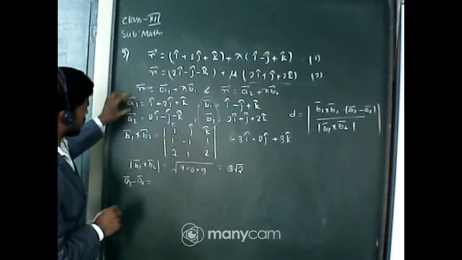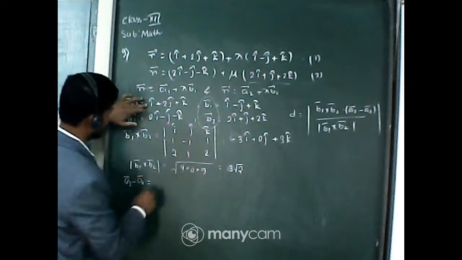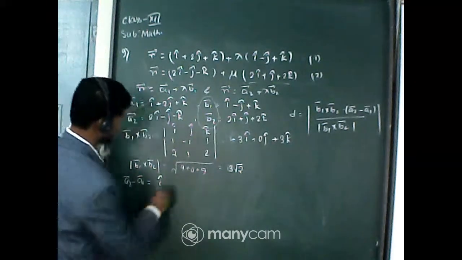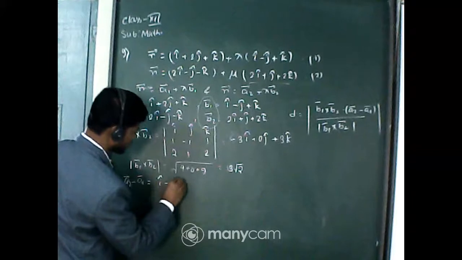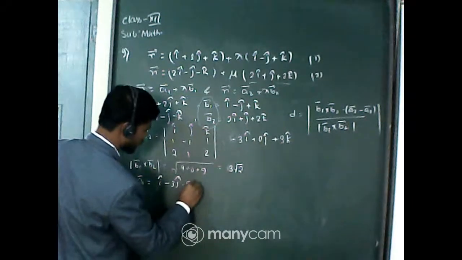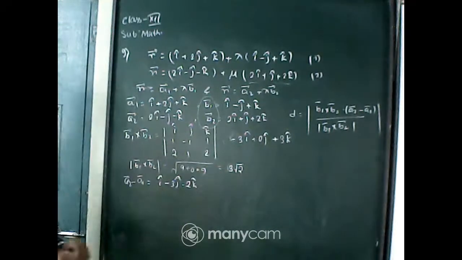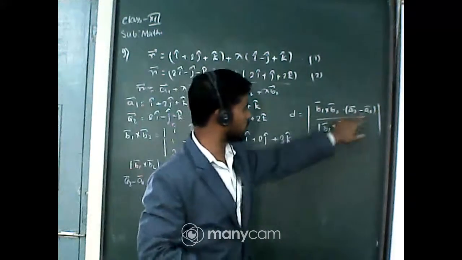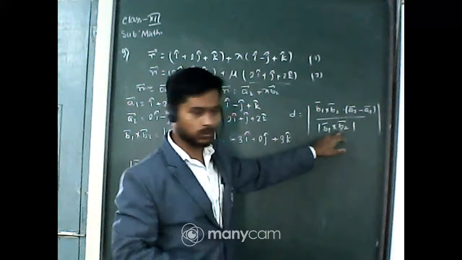So 2 minus 1, that is i, minus 1 minus 2, that is minus 3j, and minus 1 minus 1, that is minus 2k. Okay, so all the values are calculated: b1 cross b2, a2 minus a1, and mod of b1 cross b2. Now put it here.